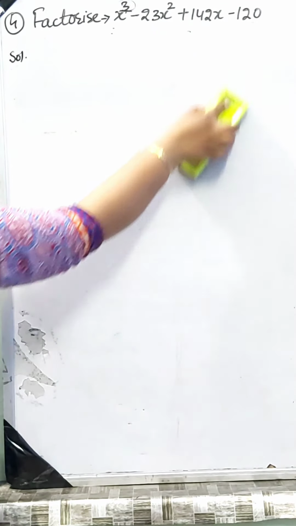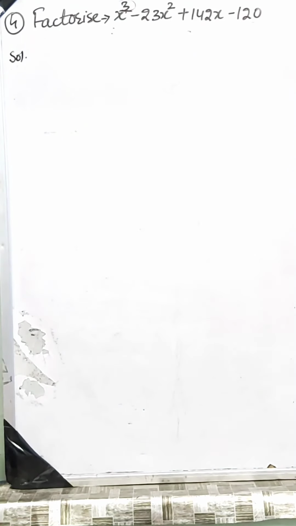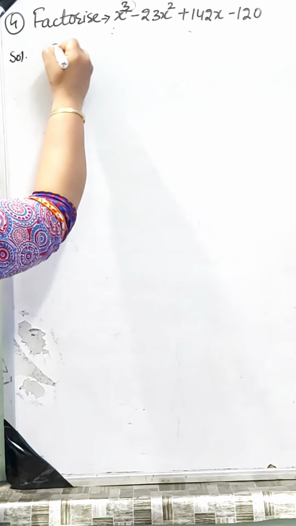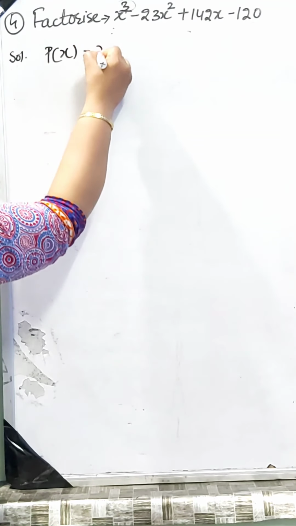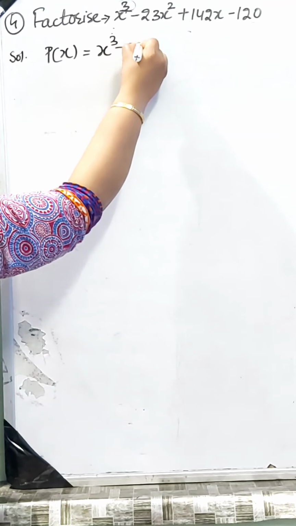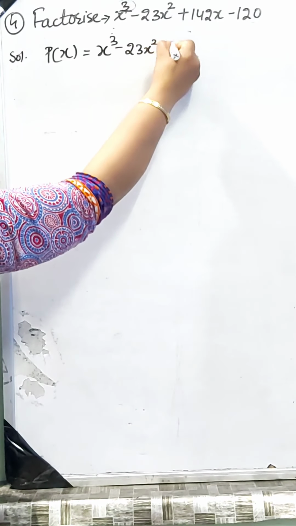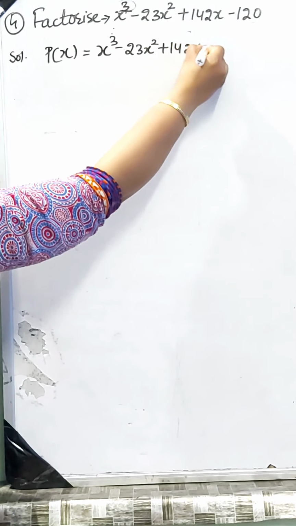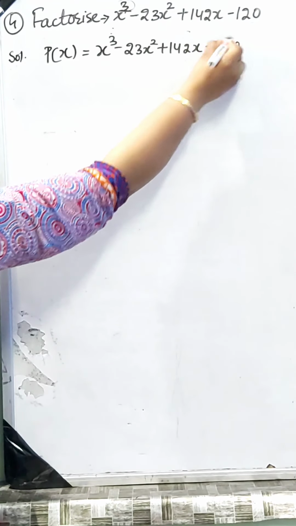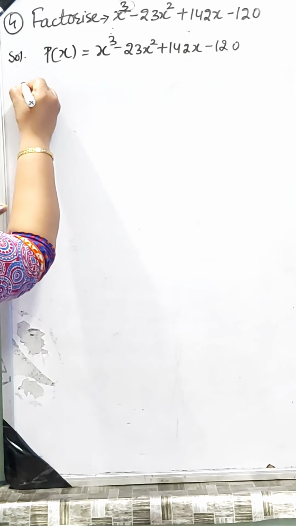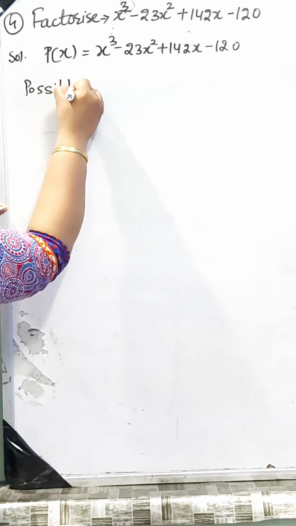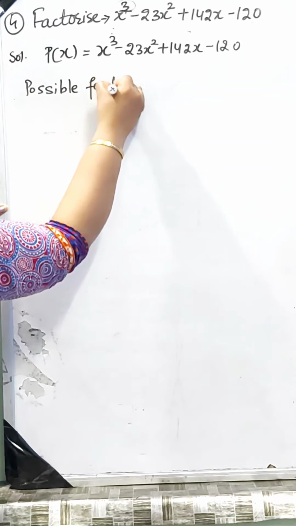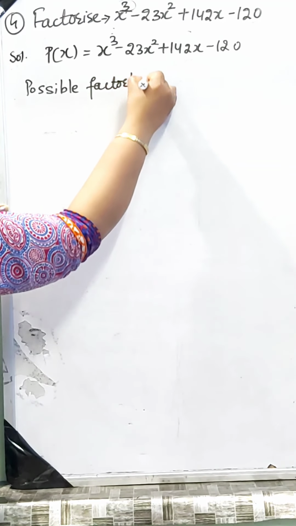Now we will solve this question in 3 steps. First of all, you have to write the given polynomial equal to p of x. After that, you have to write the possible factors of the constant term.